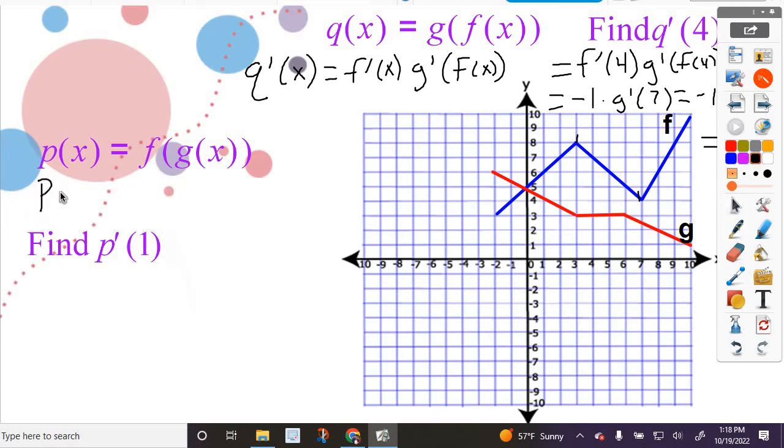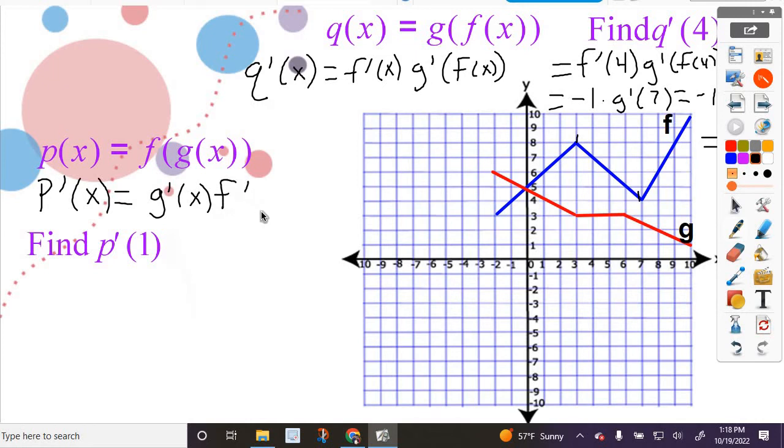So, what would my p prime of x be? Can we just repeat the same thing, with different letters? Yes. Hold on. What's my inside? g. So g prime of x.